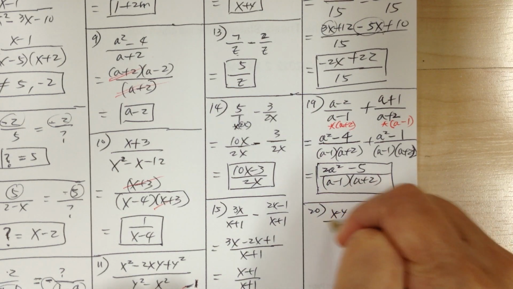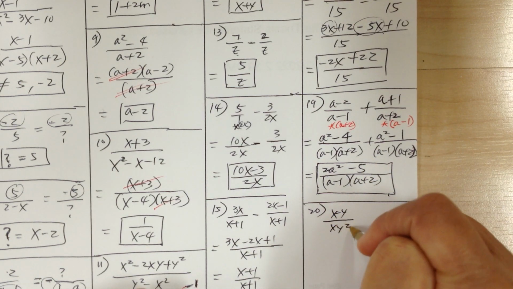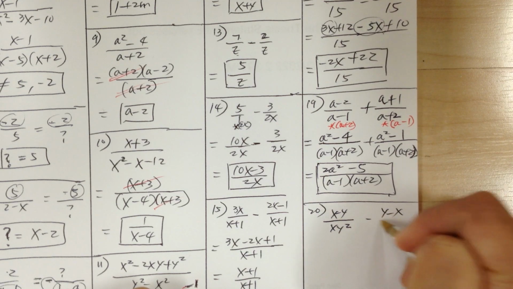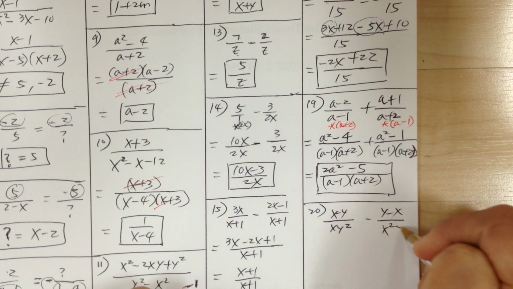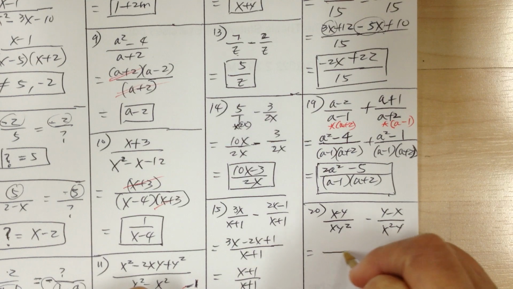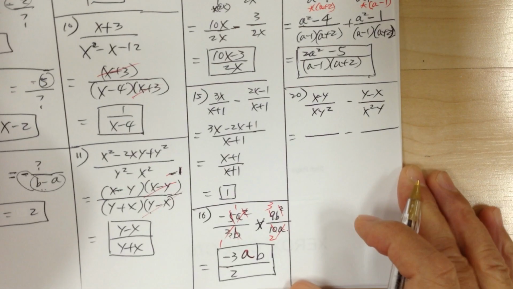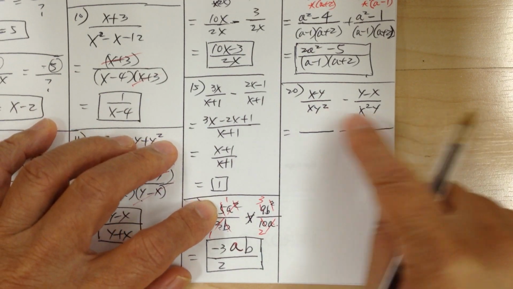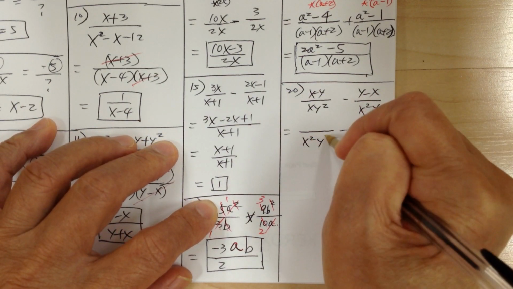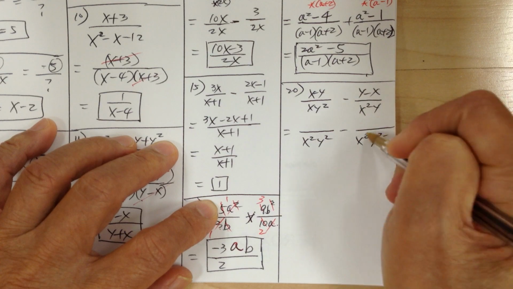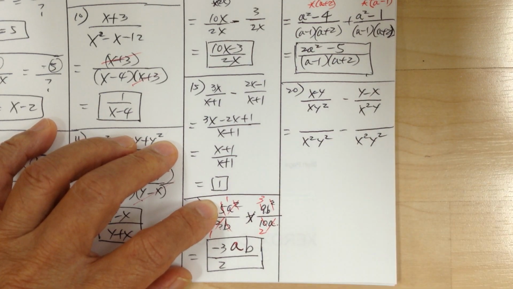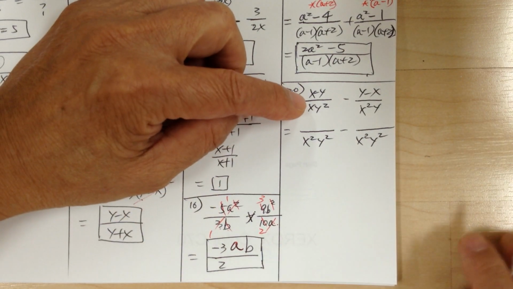You have x minus y over xy squared minus y minus x over x squared y. So you can get your denominator ready. Your common denominator would be x squared y squared. Then you have to see how you're going to get from here to here.